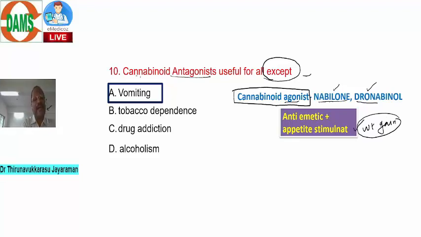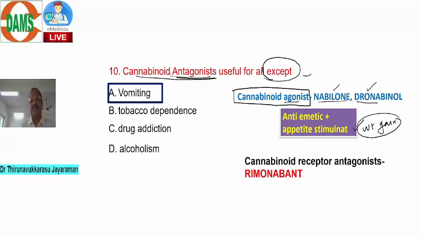Whereas for cannabinoid antagonists, for example, we have something called rimonabant. Rimonabant is a cannabinoid antagonist. This antagonist is useful for treatment of smoking control, drug addiction, or controlling the habit of alcoholism. Look here. Rimonabant is useful to control smoking habits, tobacco, drug addiction, and also alcohol habits.